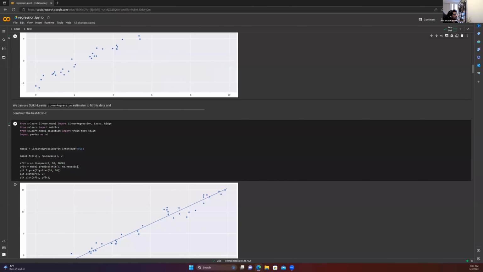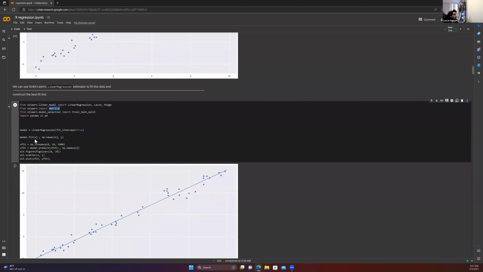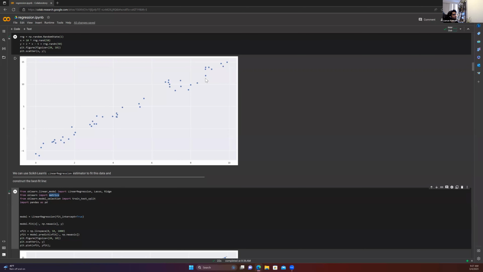Scikit-learn gives you a really nice interface and API that you can use with different models, and one of the models is linear regression. It also gives you some additional metrics. You can calculate, for example, how much error you have for this fitted line that is trying to explain the relationship between these two variables.